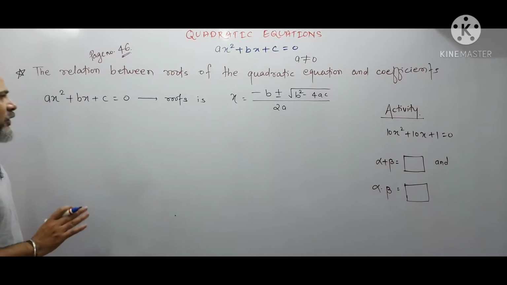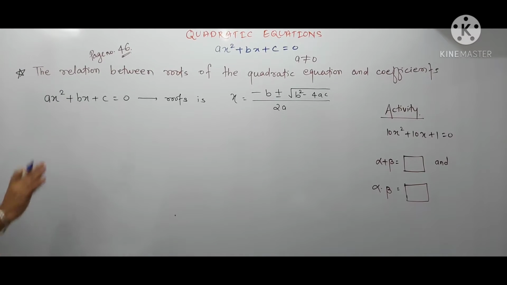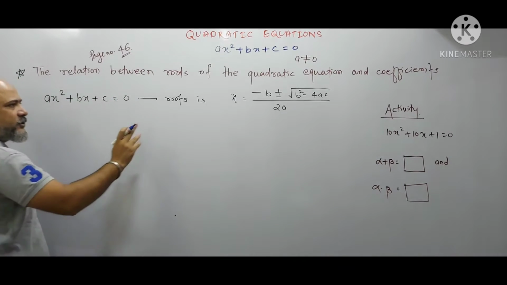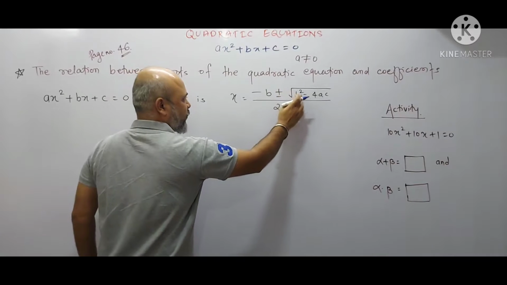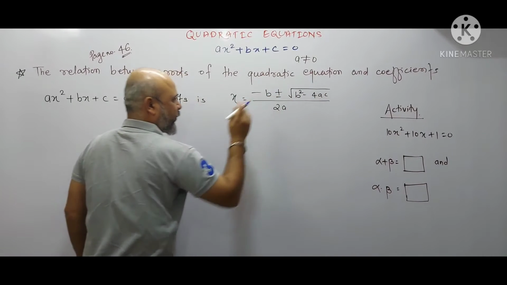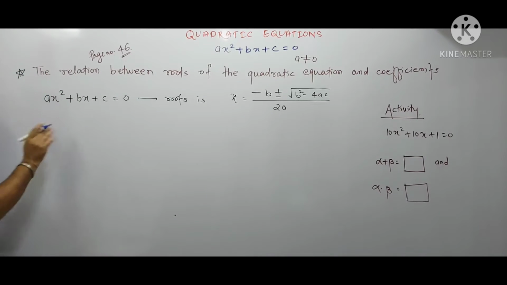So each quadratic equation has two roots. Similarly, this quadratic equation ax² + bx + c = 0 is also having two roots. One is (−b + root) upon 2a and the second one is (−b − root) upon 2a. So these two roots of this quadratic equation: alpha is equal to what?